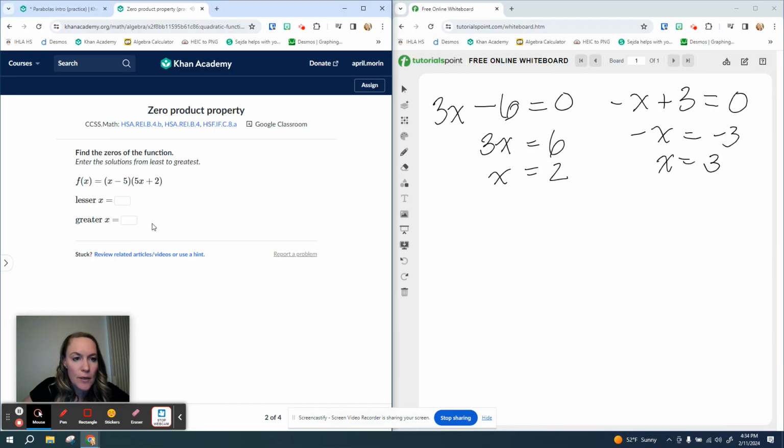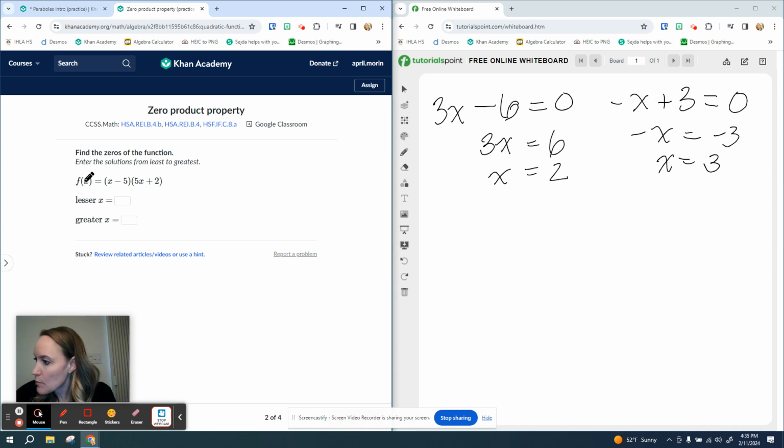Okay, so same thing. We have x minus 5 and 5x plus 2. And we're finding the zeros, right? So we're actually finding those x-intercepts where y is equal to 0. So we're setting this equation equal to 0. F of x is y, so we plug in 0 for y and we solve for x.